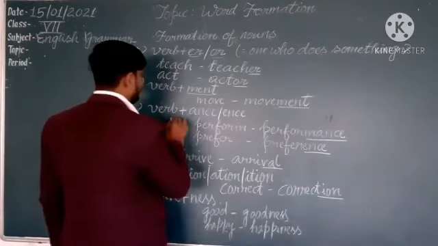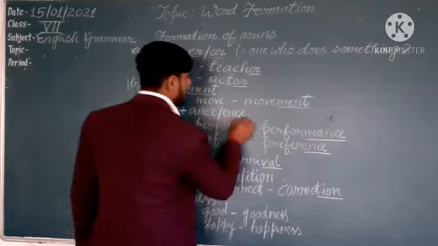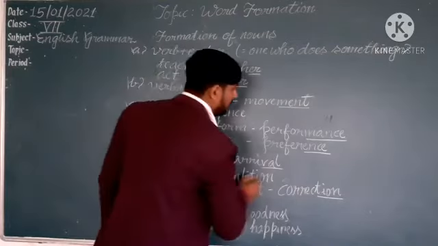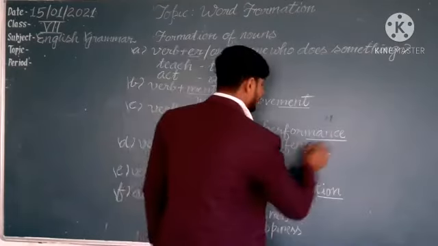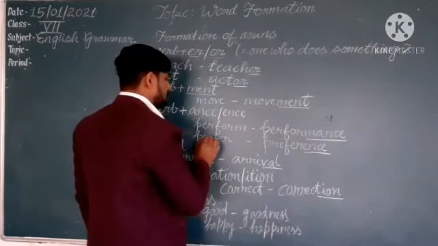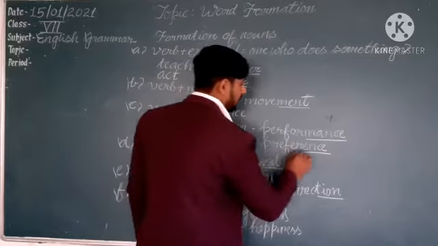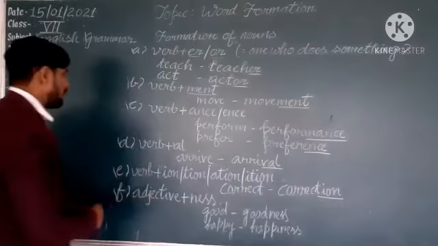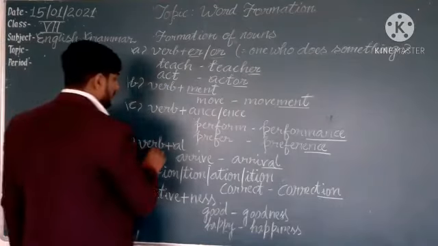Afterward we are coming to verb plus ance or ence. So you are getting the word perform, and here we are adding ance, and the second example is prefer, we are adding here ence, preference. Understand? Afterward we are coming to number D, verb plus al.